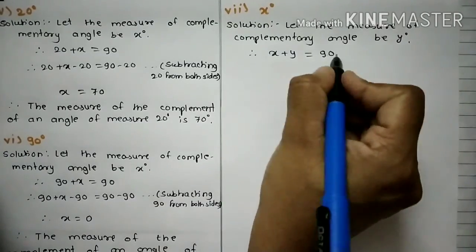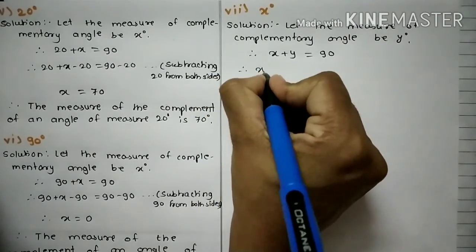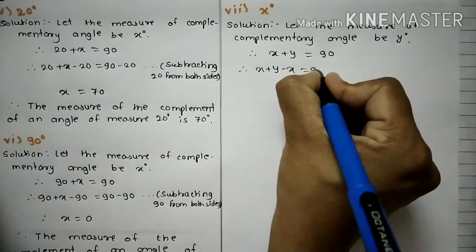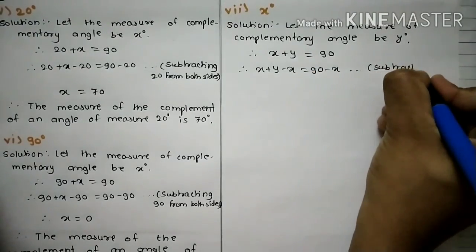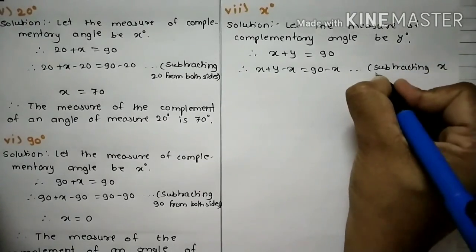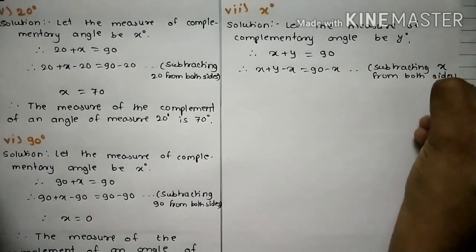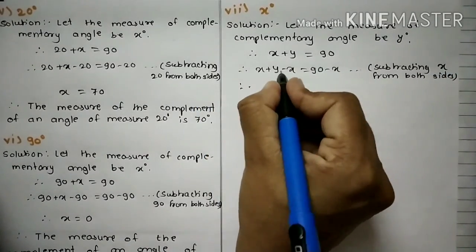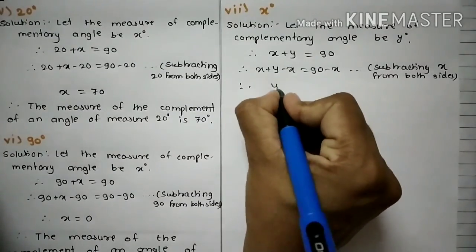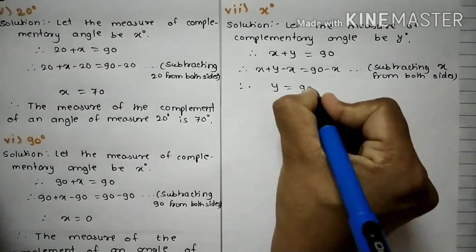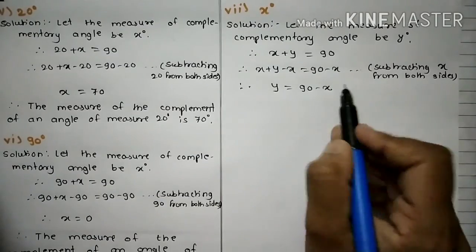Therefore subtract x from both sides because we remove x. Therefore x plus y minus x equal to 90 minus x. Subtracting x from both sides. Therefore x minus x is 0, 0 plus y is y equal to 90 minus x. Therefore the measure of the complementary angle is 90 minus x.